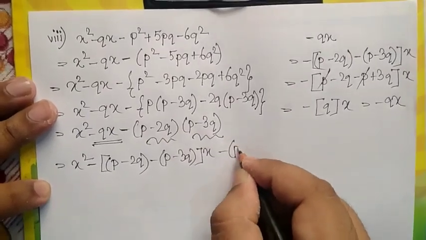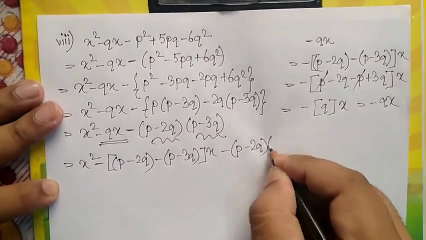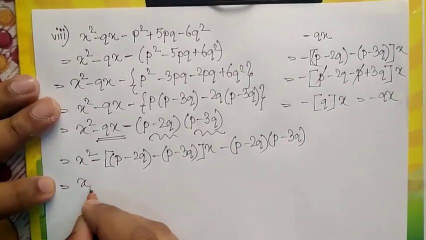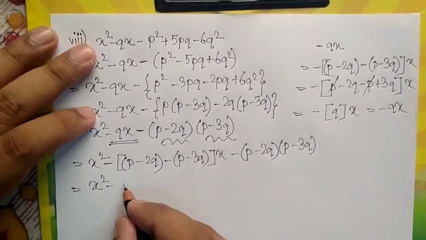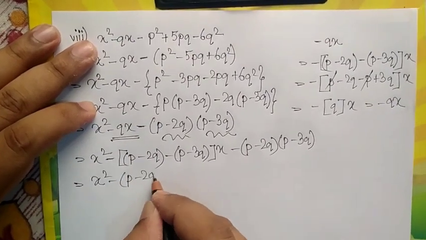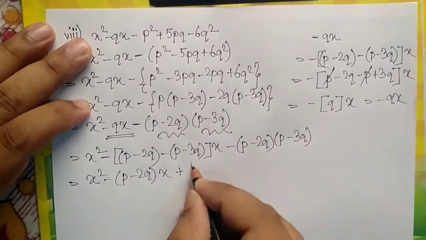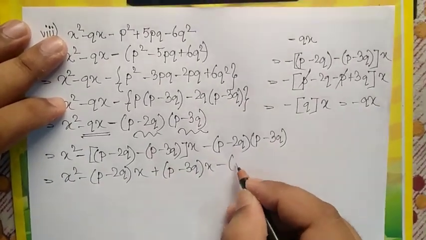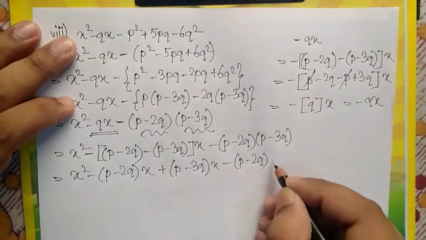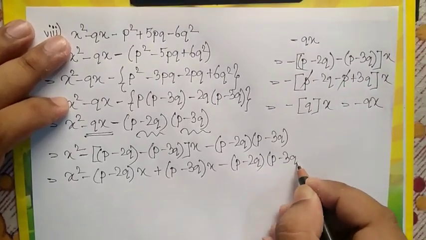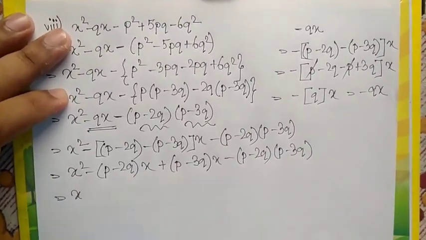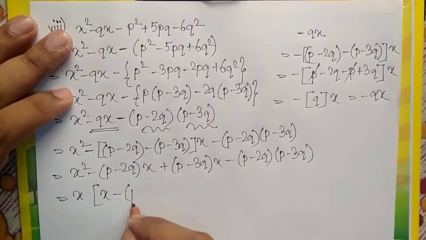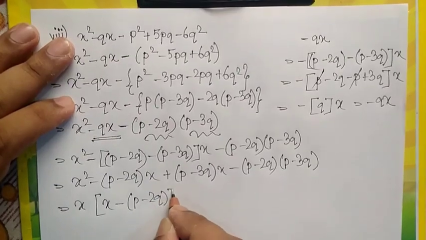So x minus p minus 2q p minus 3q, and after that x square minus, opening those brackets, we can get p minus 2q x plus p minus 3q x minus p minus 2q into p minus 3q. Taking common x we can get x minus p minus 2q.